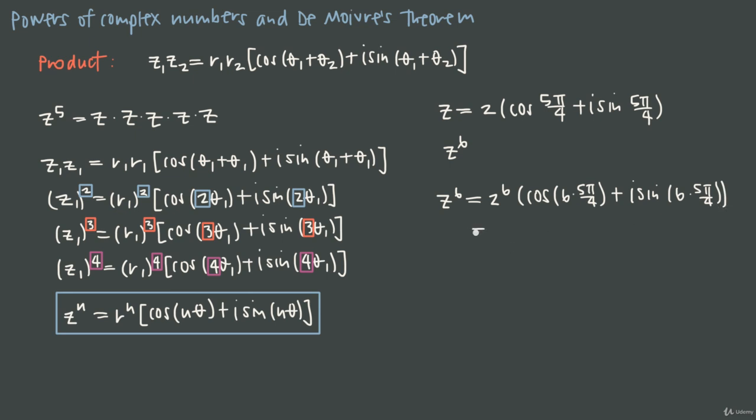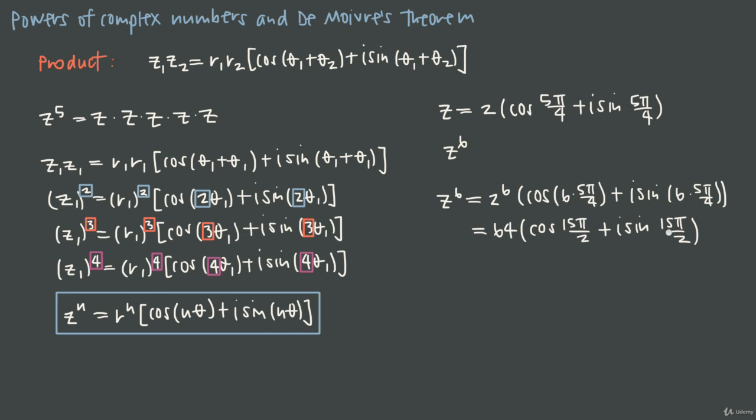And then we can simplify. 2 to the sixth is 64. Here for the angle, 6 times 5 pi is 30 pi. 30 pi over 4 we can reduce to 15 pi over 2. So we'll say cosine of 15 pi over 2 plus I sine of 15 pi over 2.